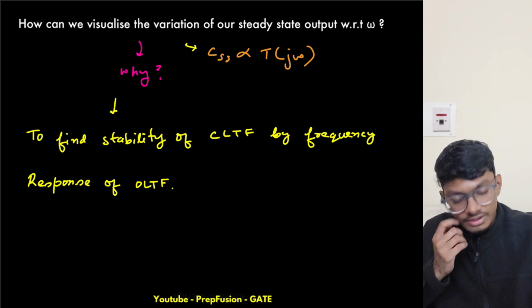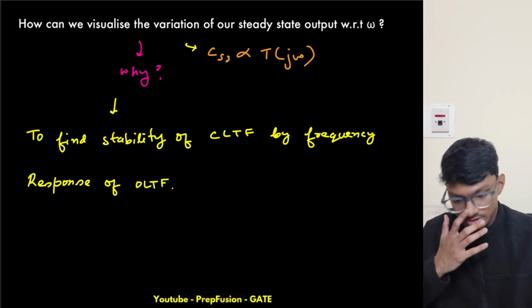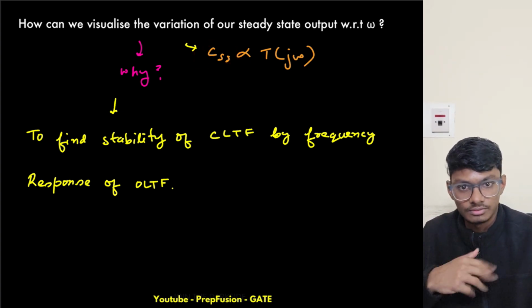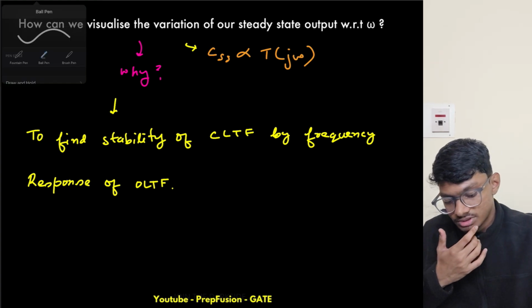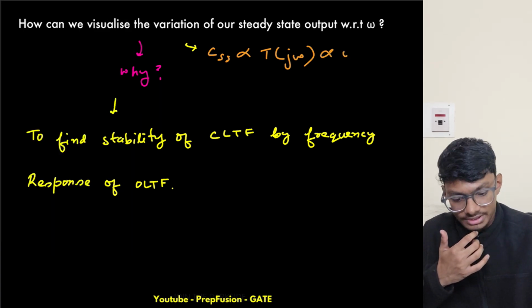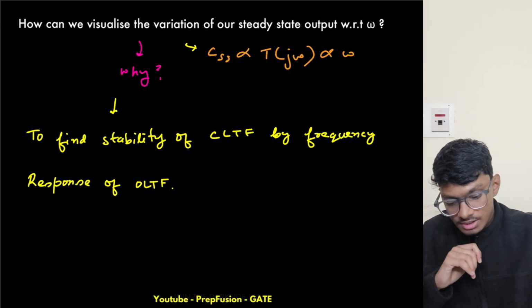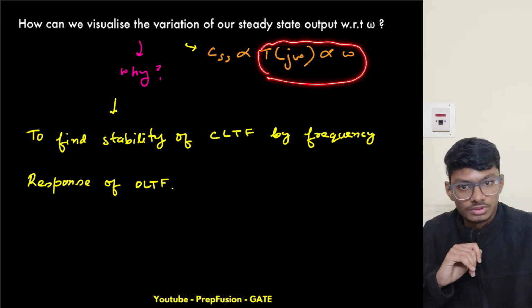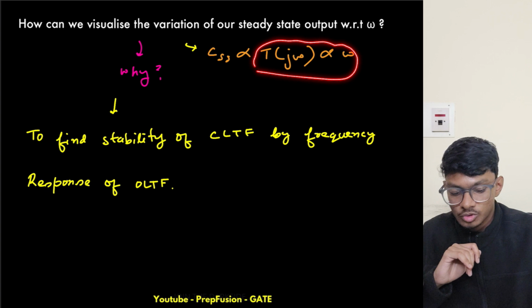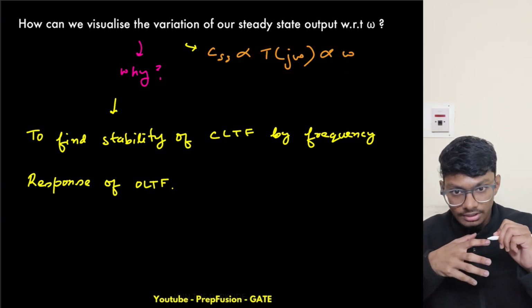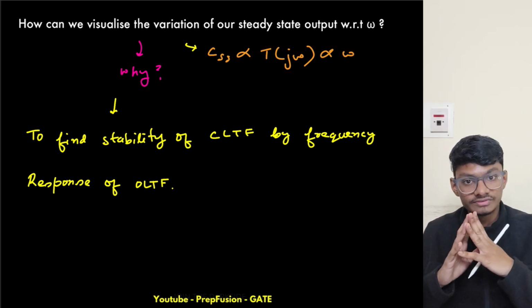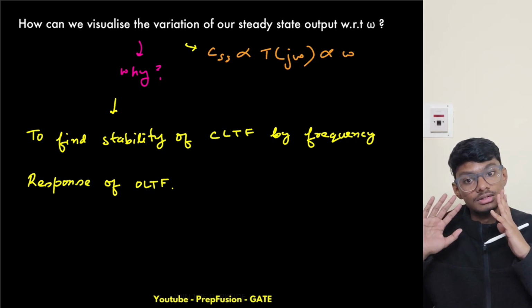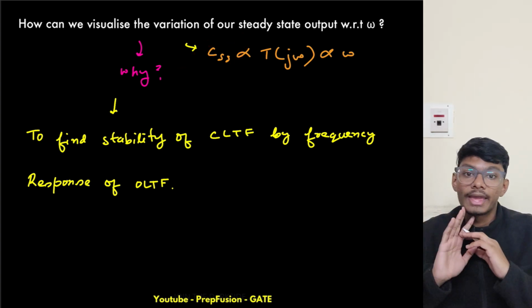With different omegas I will get different responses; my steady state will also be different for different omega. Now this T of j omega obviously varies with omega itself. So if I find the variation of T of j omega with respect to omega, then I can find the steady state output for any omega naught.